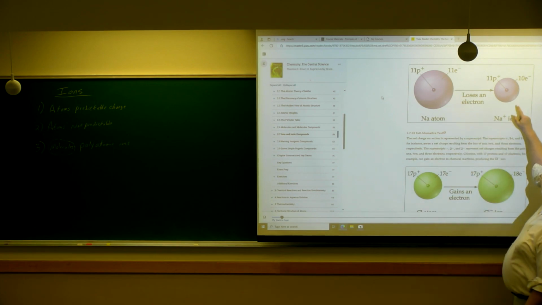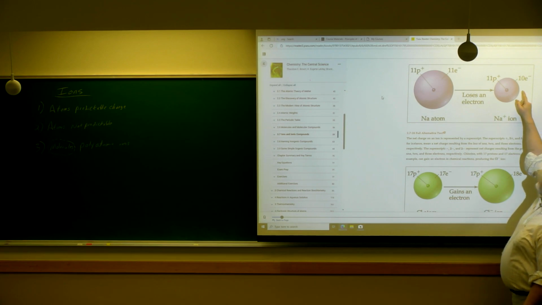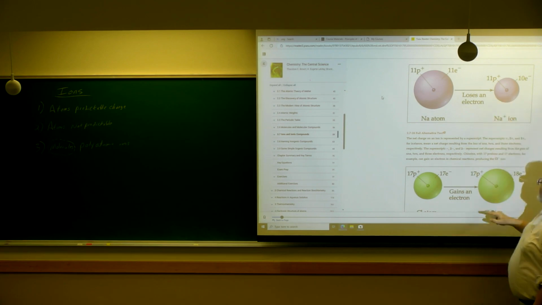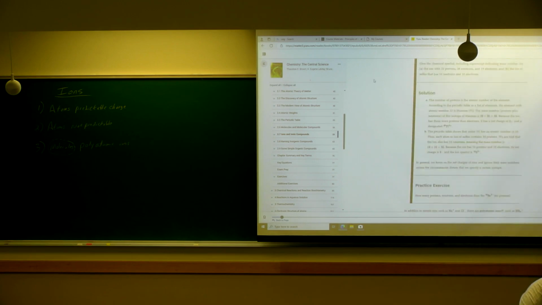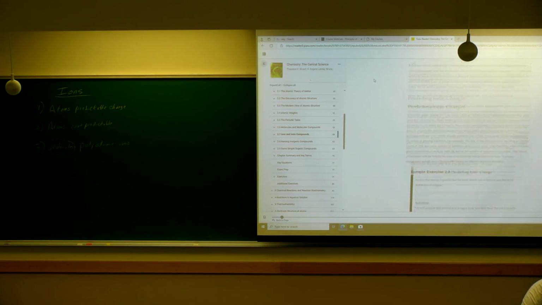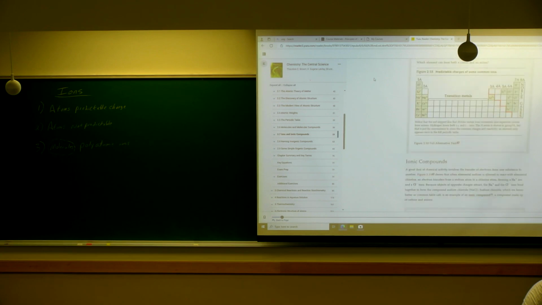And what happens is it loses one of its electrons. So now it's going to be charged positive. And you think of this as a chlorine. Same idea, except it's going to gain an electron to make it negative. And then this negative thing and this positive thing come together to make the bond. I guess I went over that in my head over the weekend because I feel like I did that already.